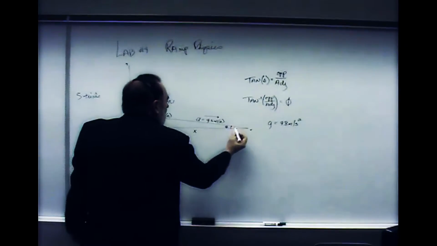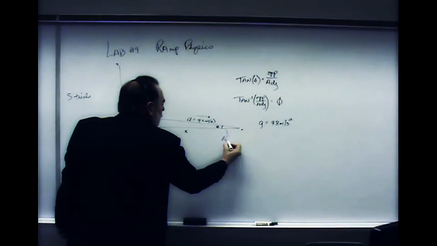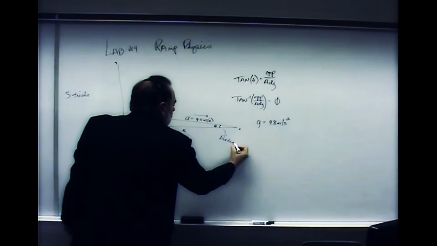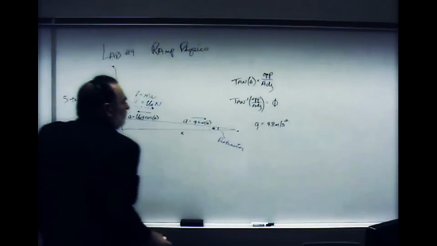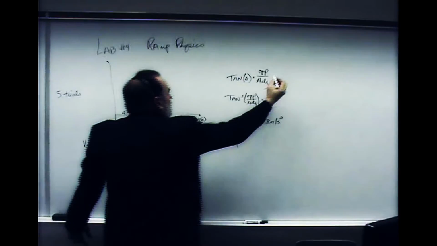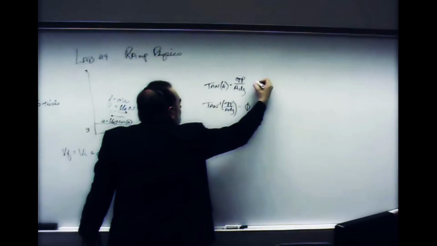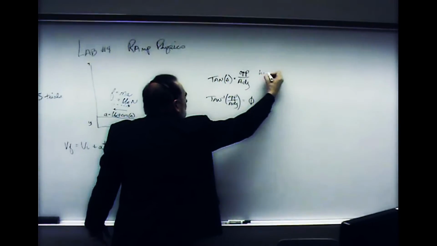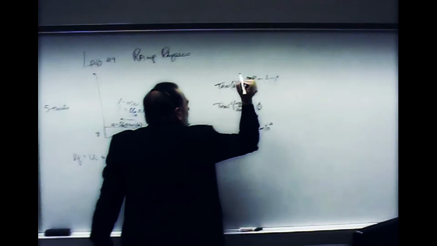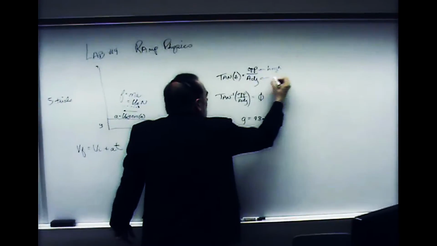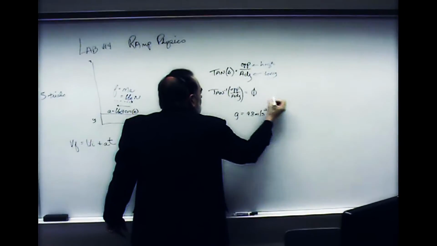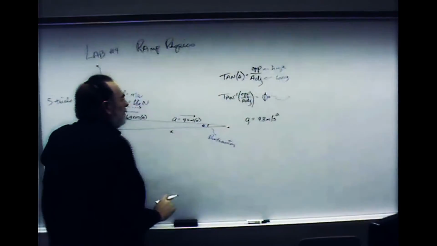So as I said, I can either use a protractor to measure this angle, or if I know how high the ramp is and how long the ramp is, I can calculate the angle there.